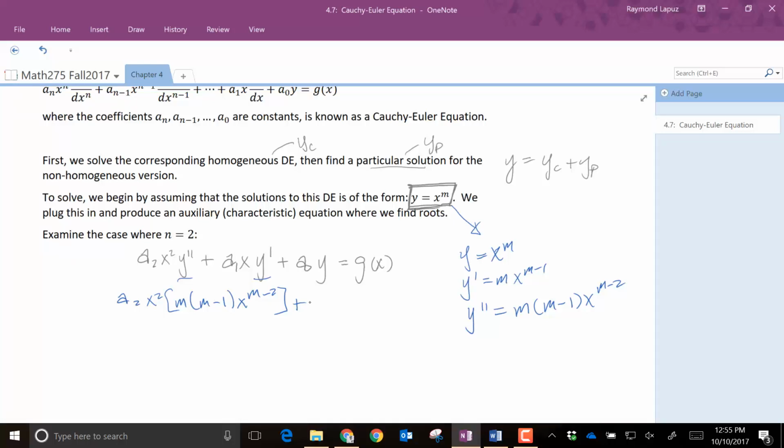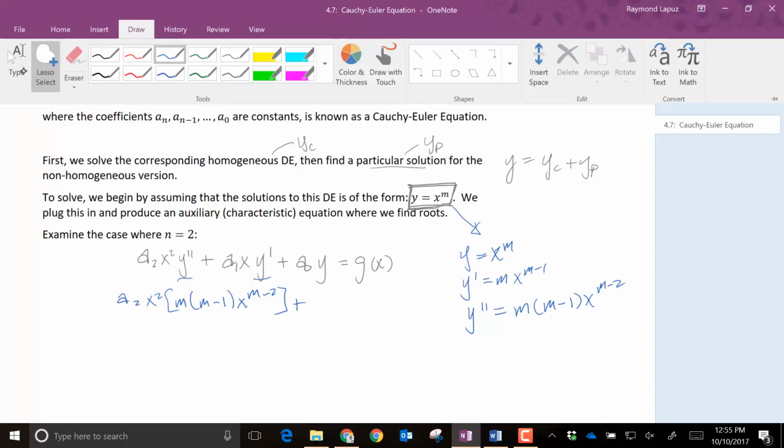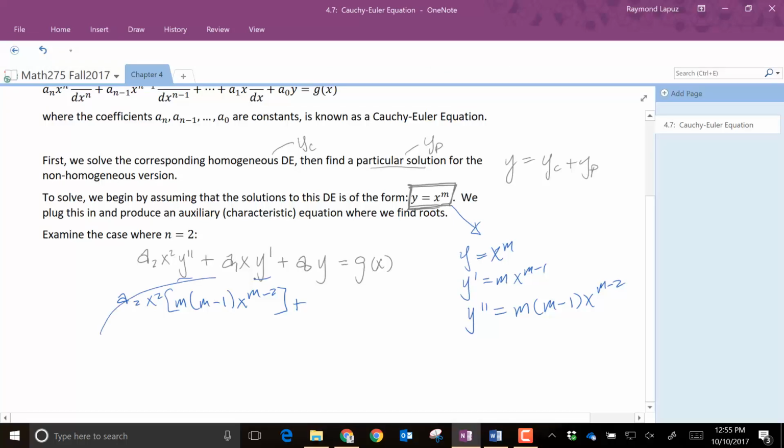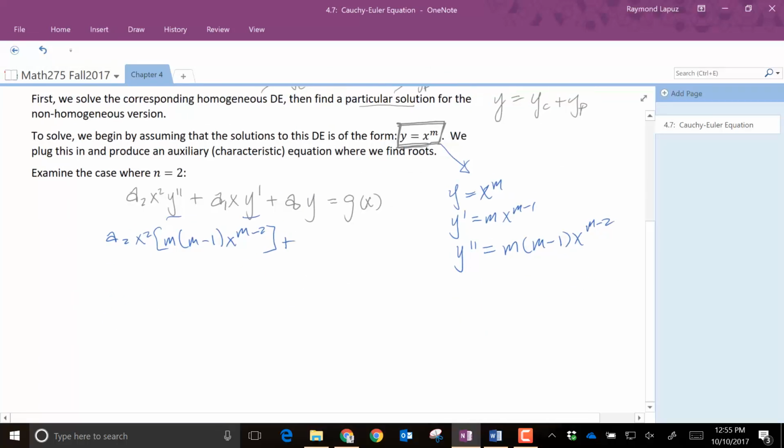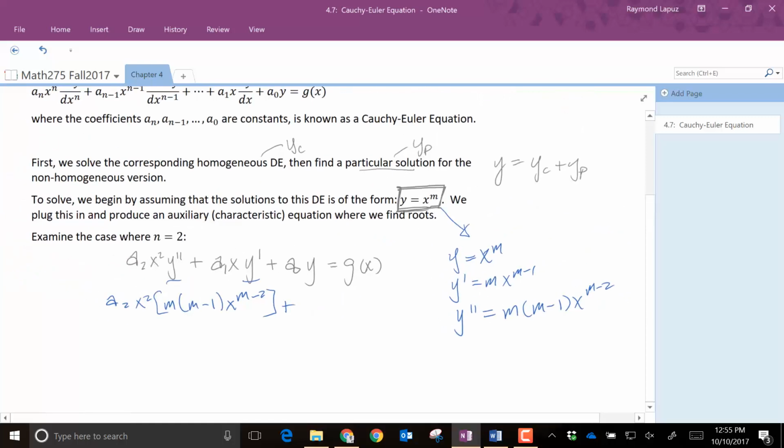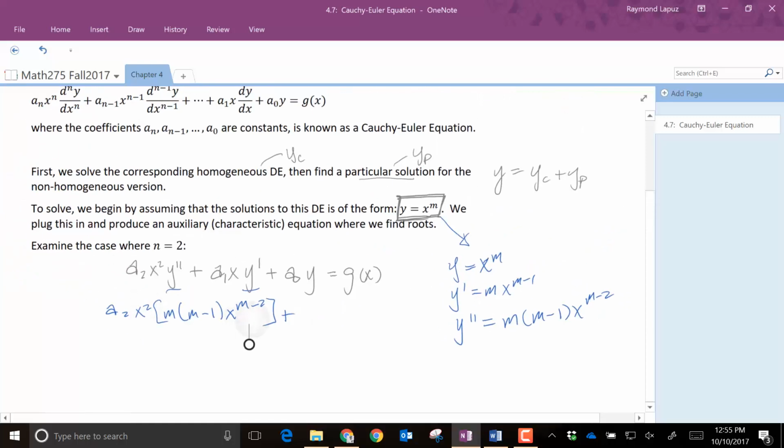Can I move this? Oh yeah, see that little circle that popped up? Once you see that, you drag it around.